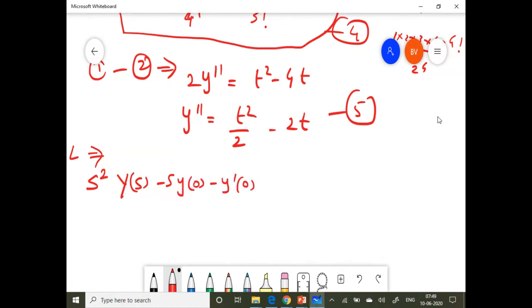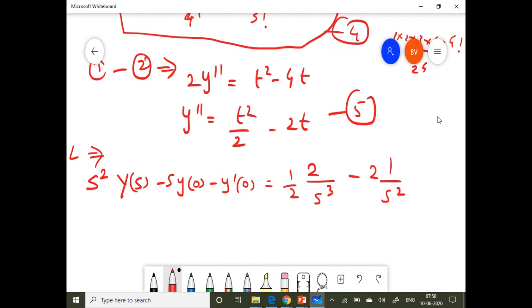Now use the initial conditions. For t square over 2, Laplace of 1 by 2 is constant, and 2 factorial is 2 over s cube, so 1 over s cube, minus 2 times 1 over s square.